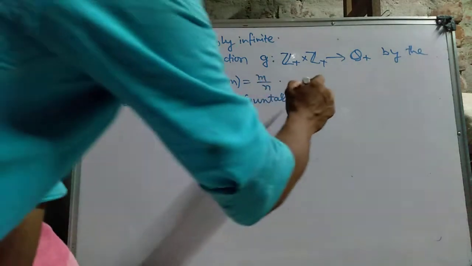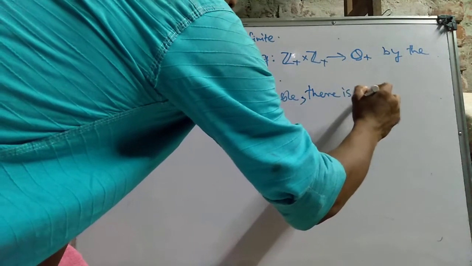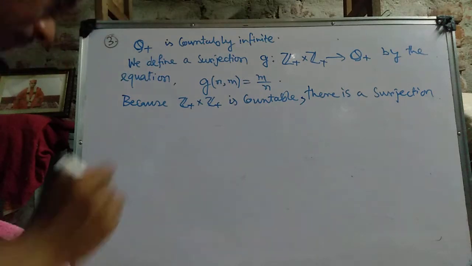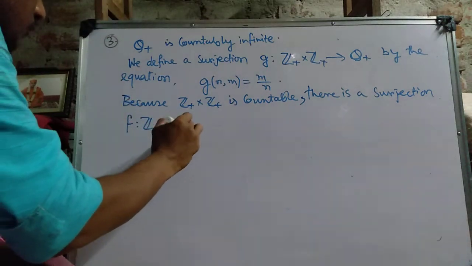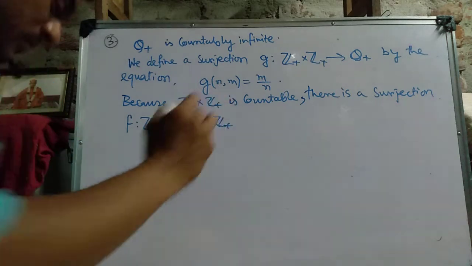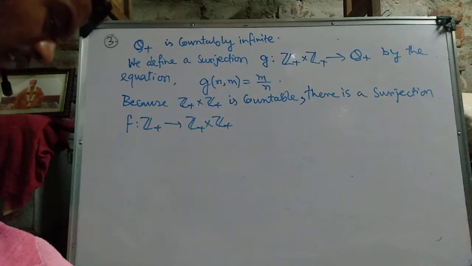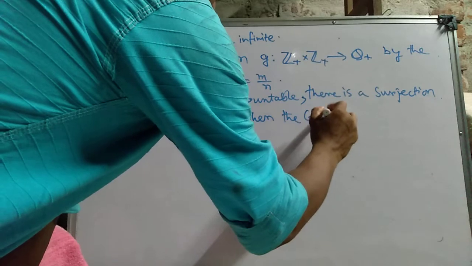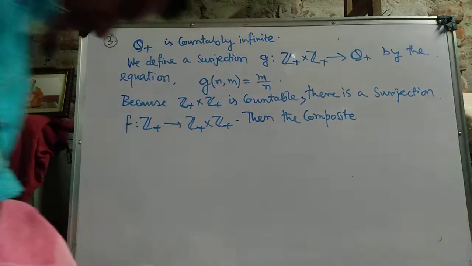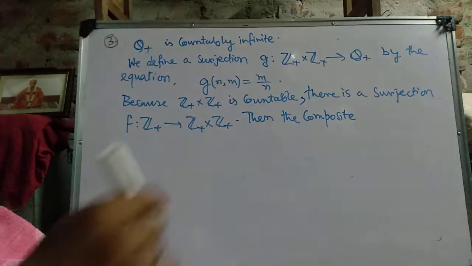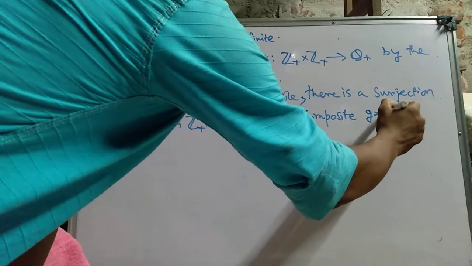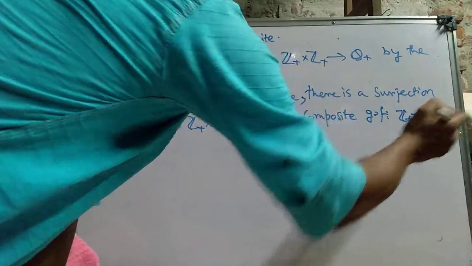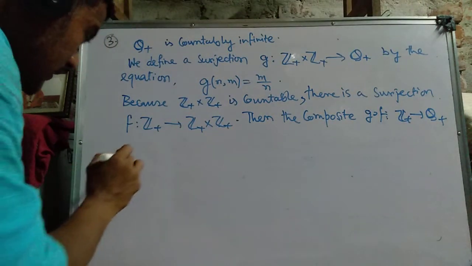There is a surjection f from Z plus to Z plus Cartesian product Z plus, then the composite function g naught f from Z plus to Q plus is a surjection.